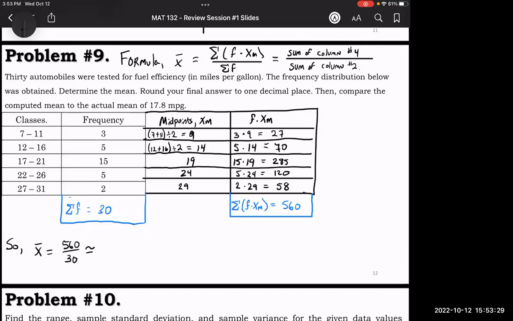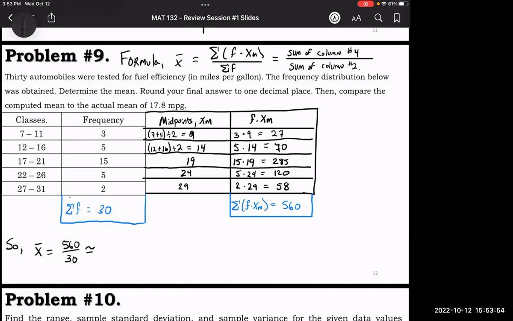What is our final answer? Try again. What were the first 2 decimal numbers after the 18? 18.66. The 6 is repeating.